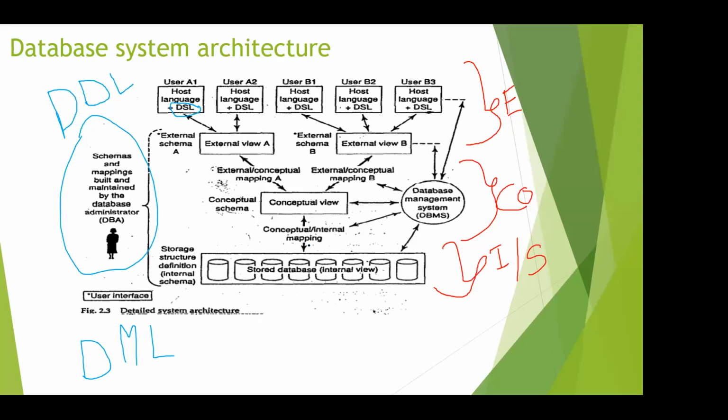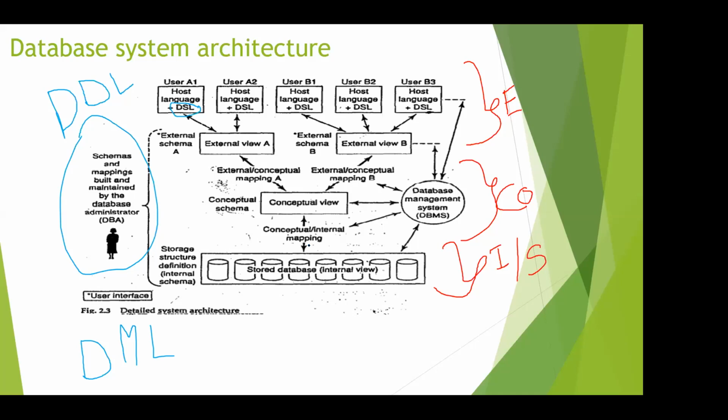So how are these tables related? One table is related with another table. So we are using some key constraints, primary key, or we are giving a reference to connect another table such as foreign key. All these key constraints we have to represent at the conceptual level by using the conceptual schema.